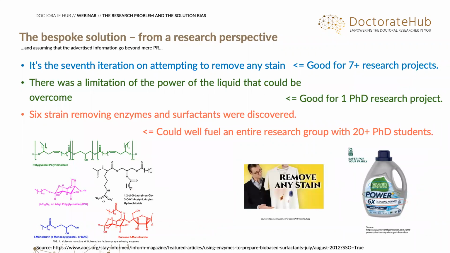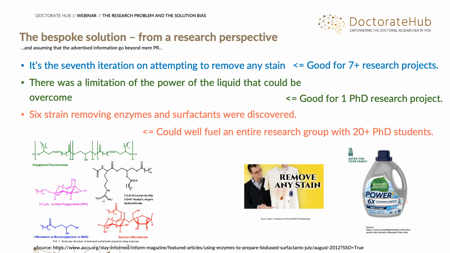And if we look at that same situation from a research perspective, if we see it's a 7th iteration, wow, that's good for 7 research projects. Now, if you consider a research project perhaps taking 2 to 4 years, that's a long time frame. And from a PhD research perspective, getting from power to power plus likely will do enough for a given PhD, right?